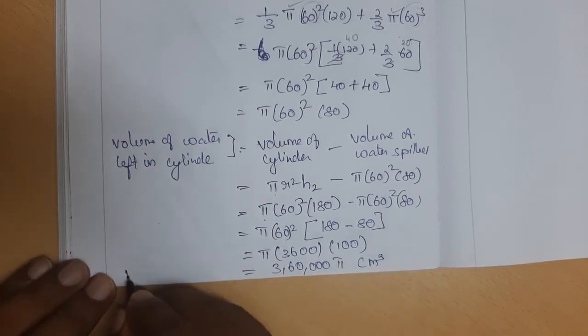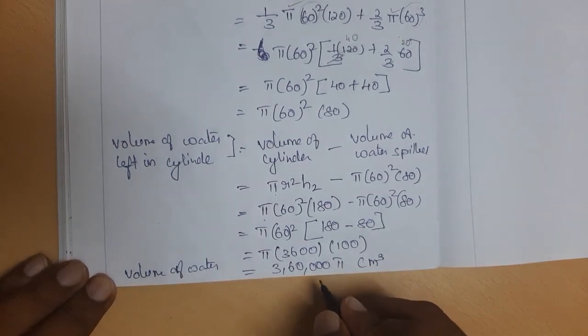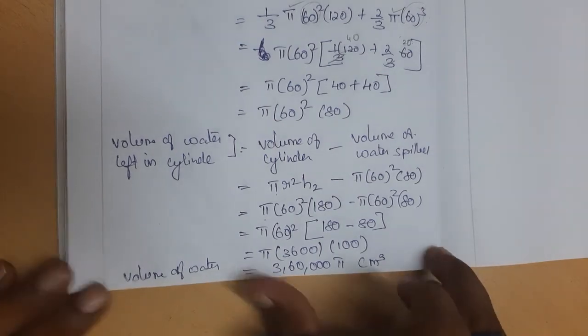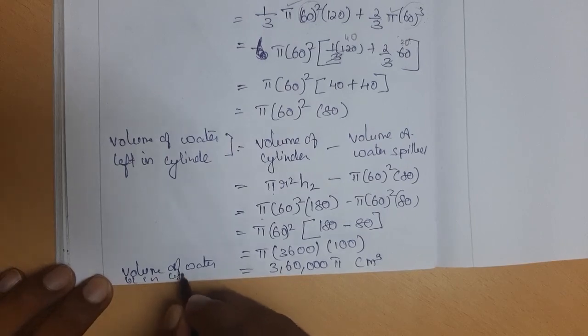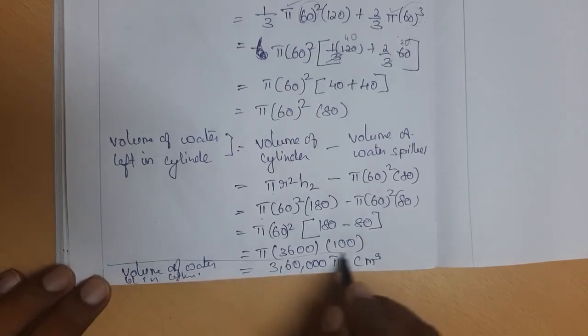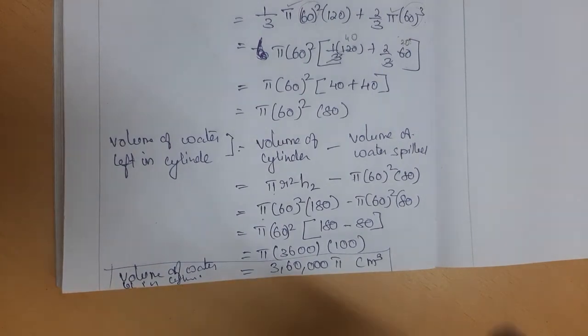We can stop here, or we can even substitute the pi value 3.14 and multiply. The volume left in the cylinder is 3,60,000 pi centimeter cube. At last, this unit is very important. Thank you.